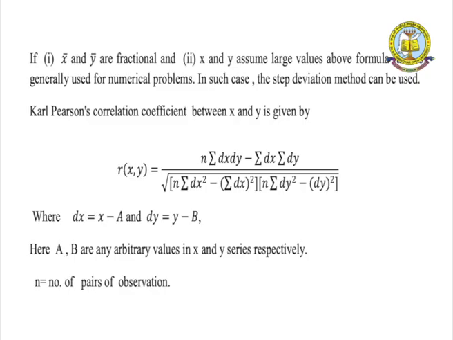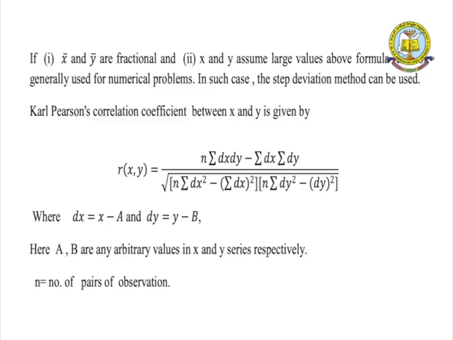Karl Pearson correlation between x and y is given by r of x comma y is equal to n into summation dx into dy minus summation dx into summation dy, divided by the square root of n into summation dx square minus summation dx whole square, into n into summation dy square minus summation dy whole square.